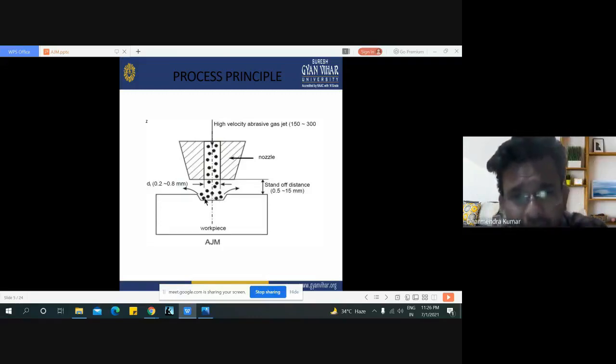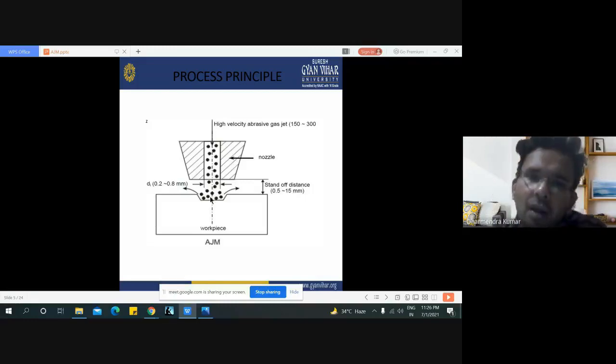After the fracture takes place, the continuous flow of high velocity gas or air is capable of removing the extra fractured component from the workpiece. Then machining is done vigorously on the workpiece, and finally we will get our desired result.